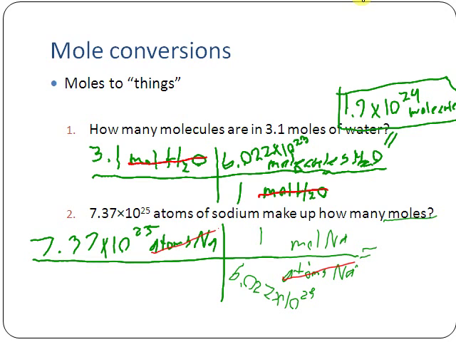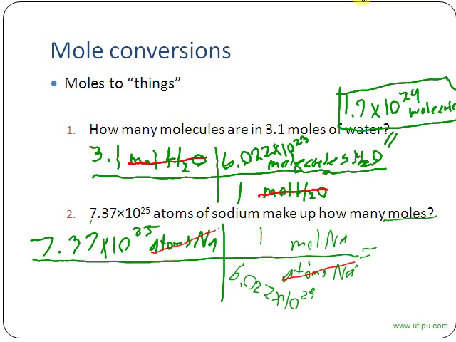So we can get out our calculators again. 7.37 times 10 to the 25th power times 1 divided by 6.022 times 10 to the 23rd. And so putting that in the calculator, I get 122.